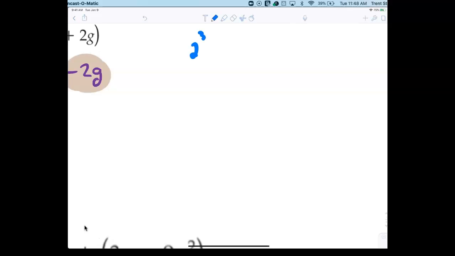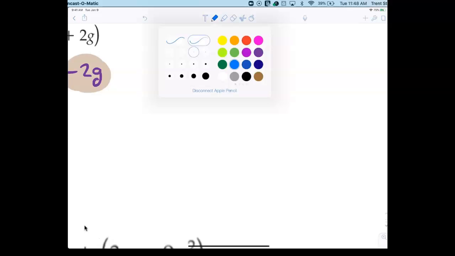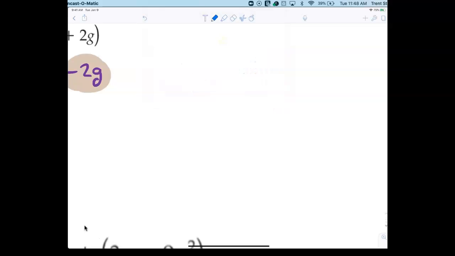If I said 2 cubed plus 2 squared, what is that? Can anybody tell me what 2 cubed plus 2 squared is? Well, you can't, but I can tell you what the answer is. The answer is 12.